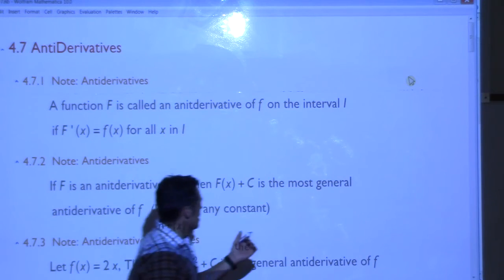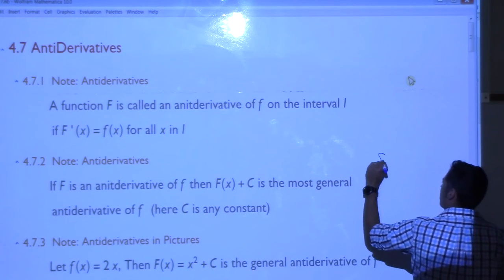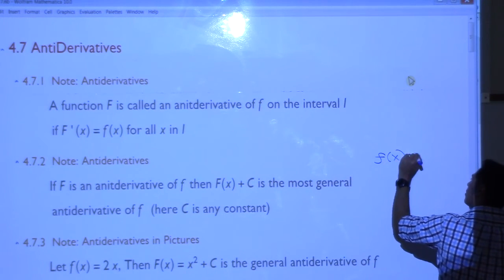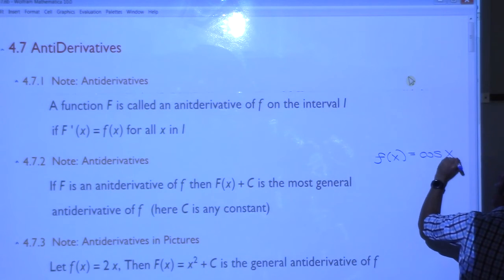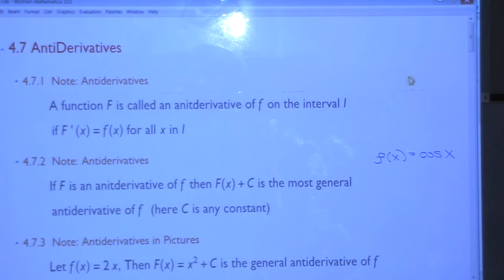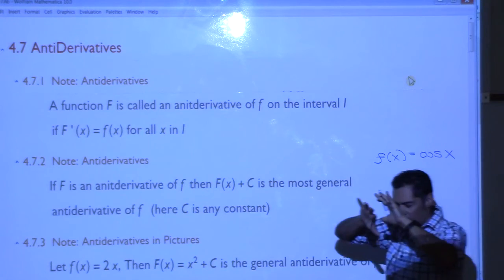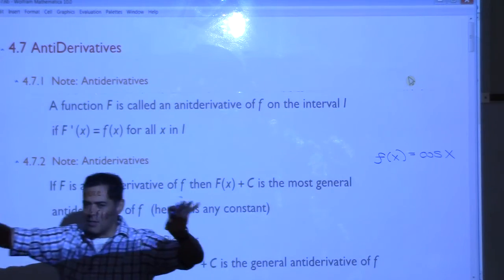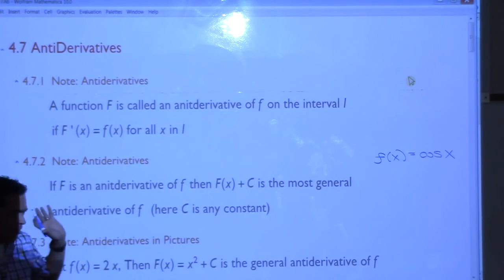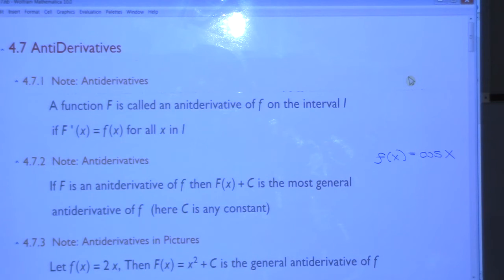So let's take a look at an example. Let's say we start with this function, cosine x. And go ahead and erase everything we just talked about with power series. Just throw all that out. We're starting a new idea. I'm using cosine because it's just easy to work with. This is a function.